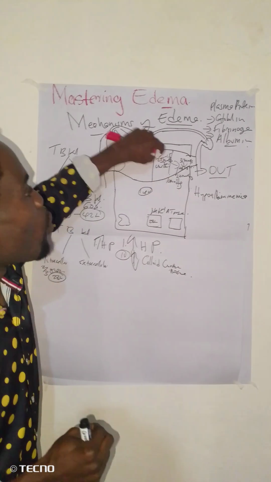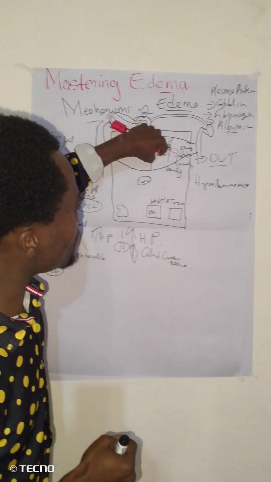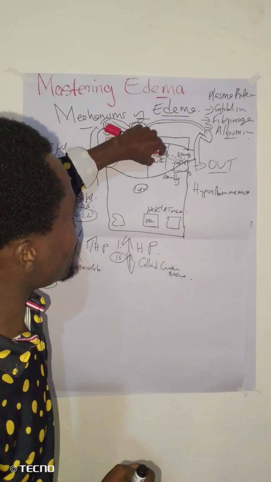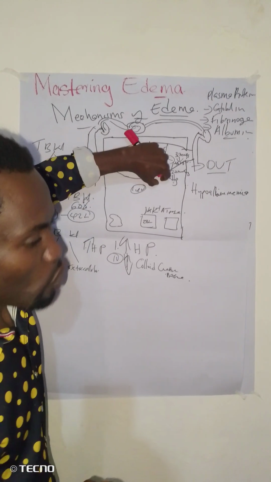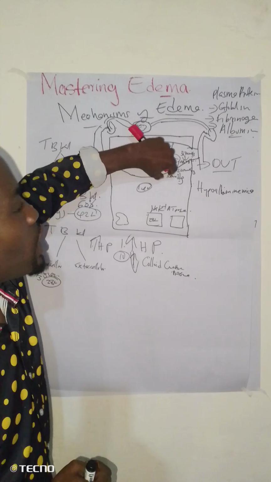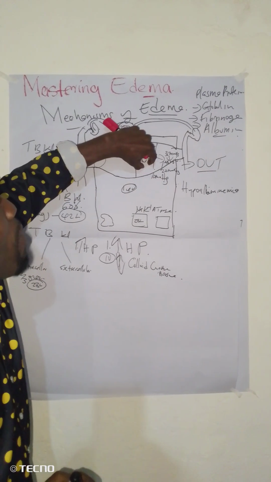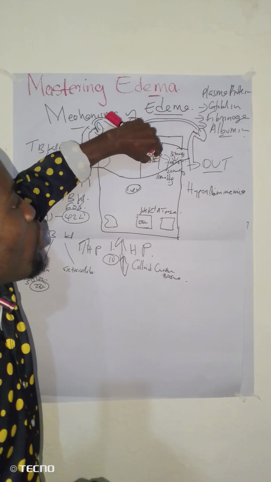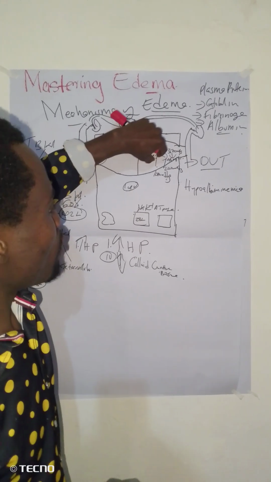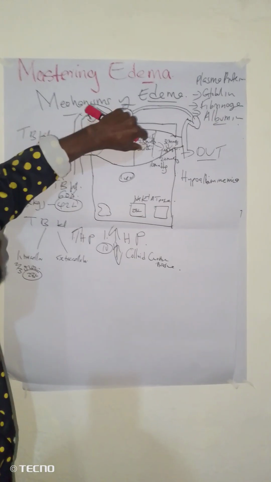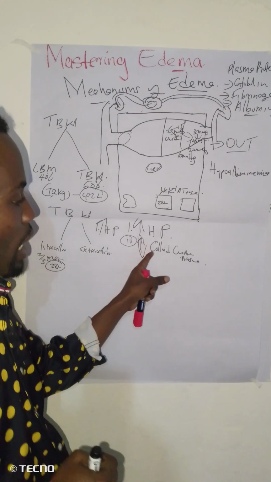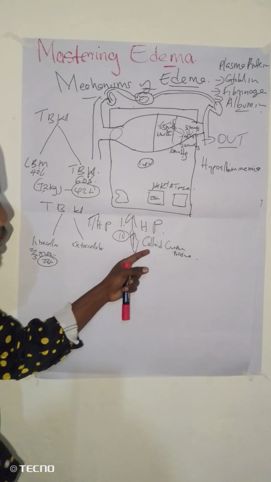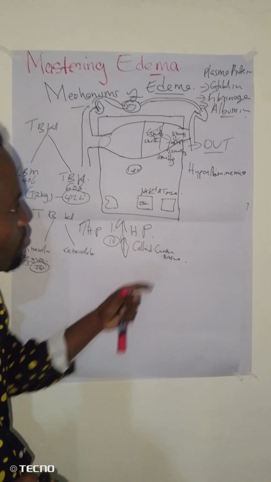And remember, when the oncotic pressure is reduced, in a pathological case, in an abnormal case, it won't be able to suck the fluid back because of the level of albumin, the colloid oncotic pressure.